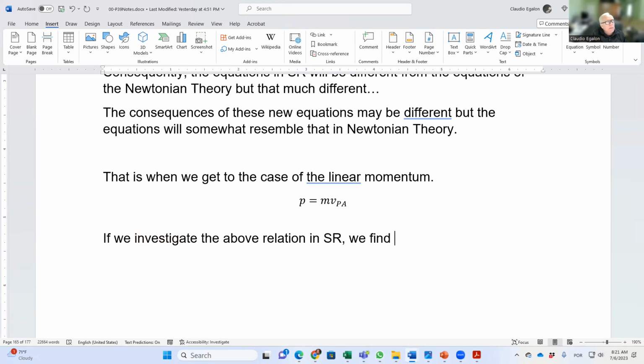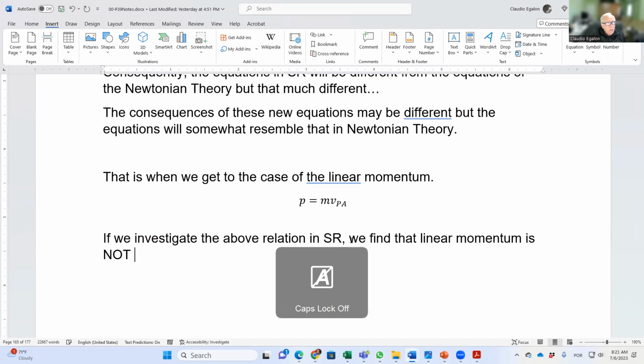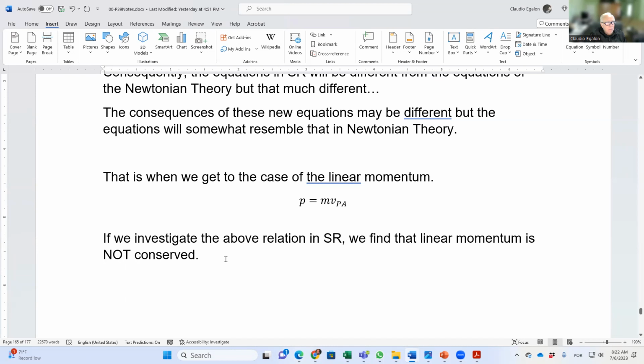we find that linear momentum is not conserved. Don't forget, remember, it is conserved whenever the net force is zero.